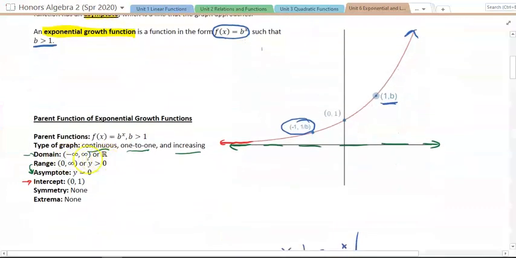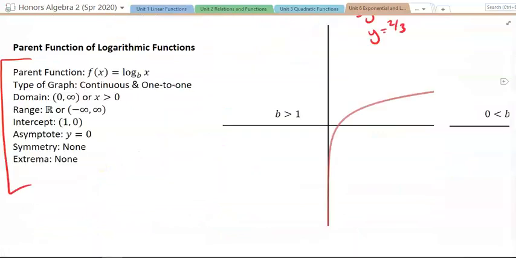Our domain was all real numbers, right? Well, now when we talk about a log, the range becomes all real numbers. And we had that asymptote, right? And that asymptote was the x-axis, which is y equals 0. Well, now our asymptote, and we're going to fix this little typo here, is not y equals 0, but the asymptote would be that x is equal to 0.